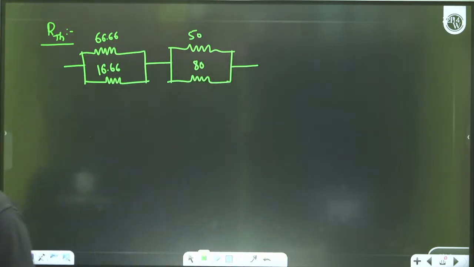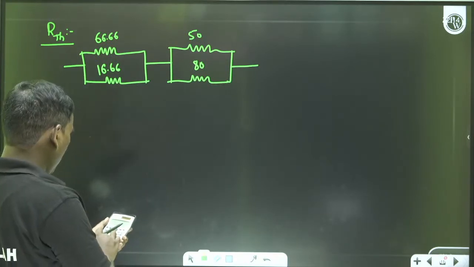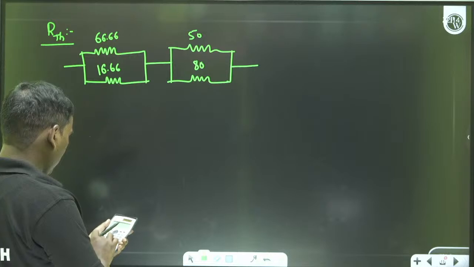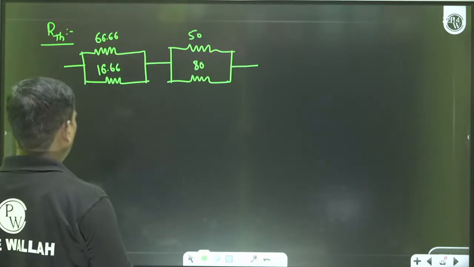66.66 into 16.66 divided by 66.66 plus 16.66 is coming 13.32.